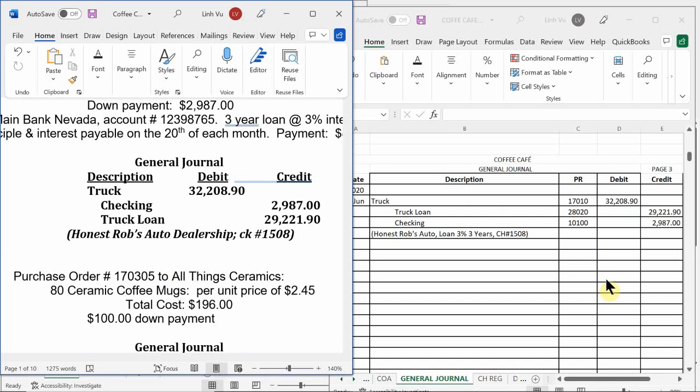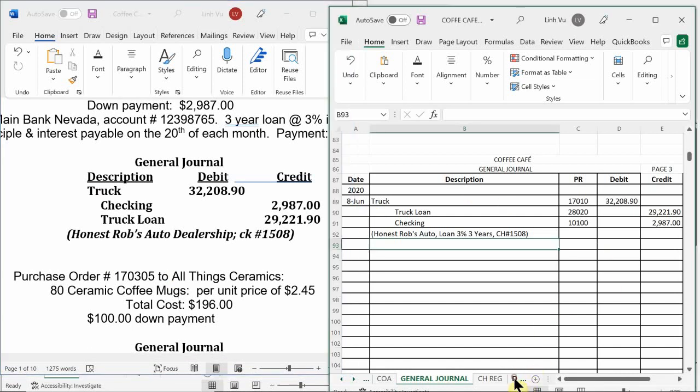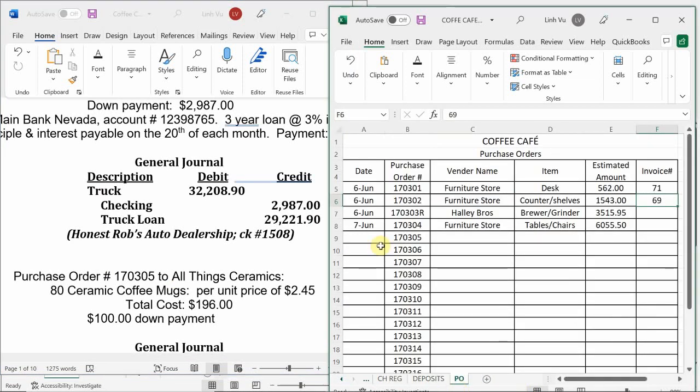Okay, so let's see. Purchase orders, right? That's the least that we could do, at least put in our purchase order list that this is what we ordered. All Things Ceramics. What did we buy? We bought mugs.